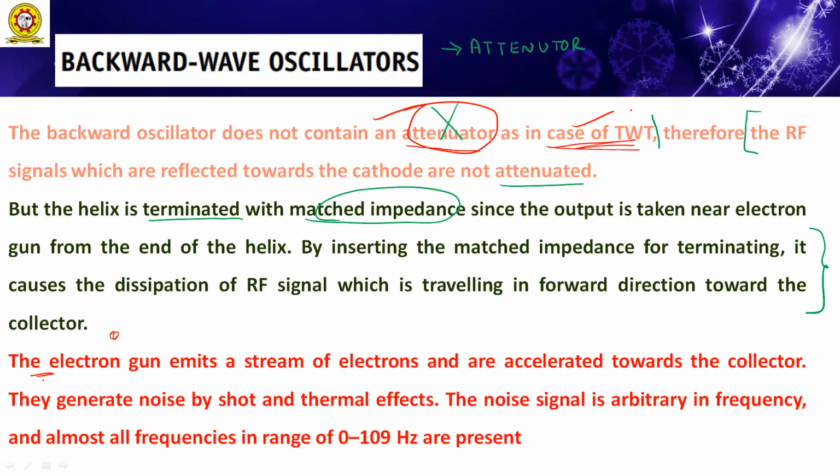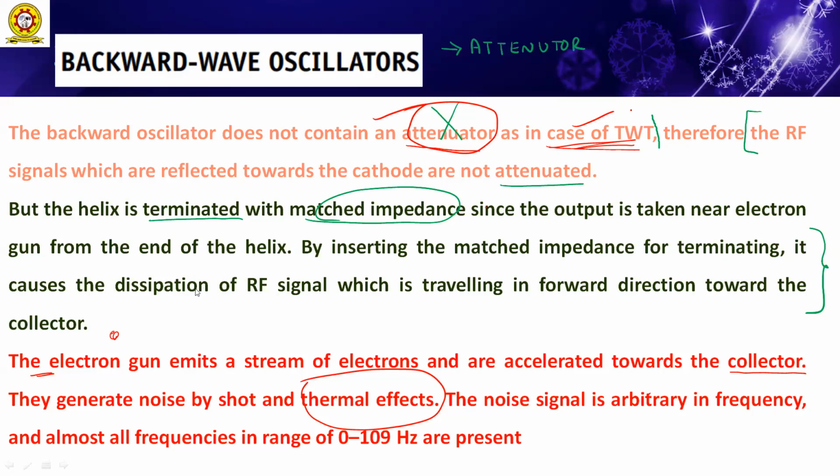The electron gun emits a stream of electrons and they are accelerated towards the collector. This is the basic operation of the helix in the BWO. Due to this operation, it generates noise, which is generally due to thermal effects in the BWO.